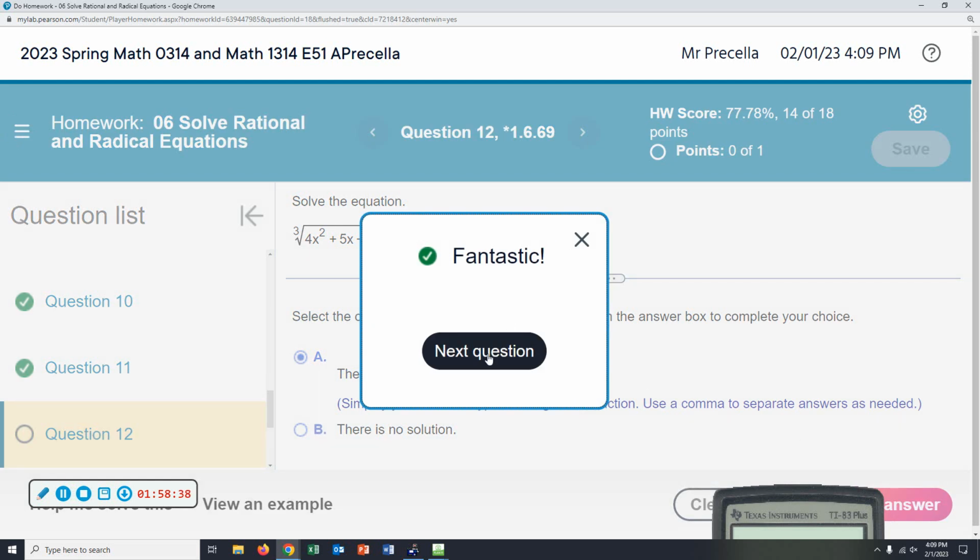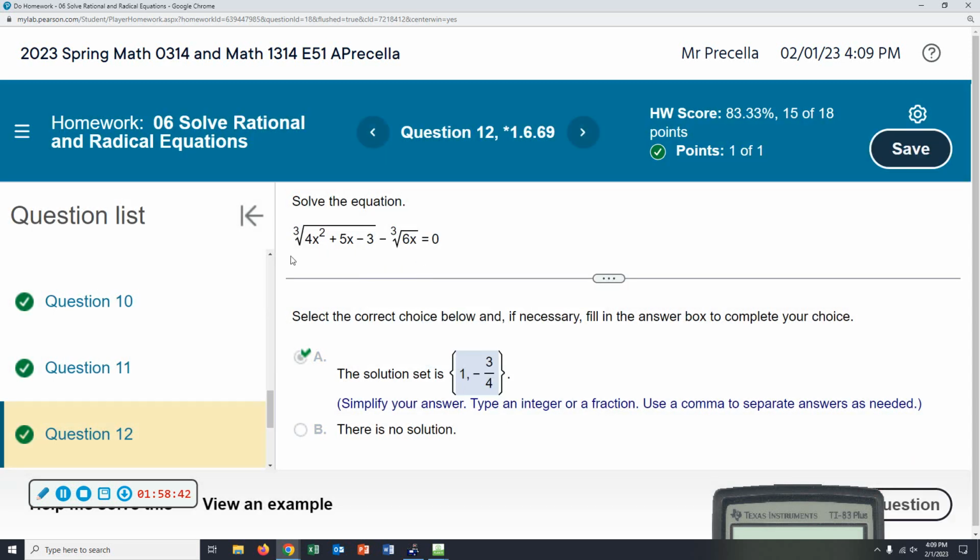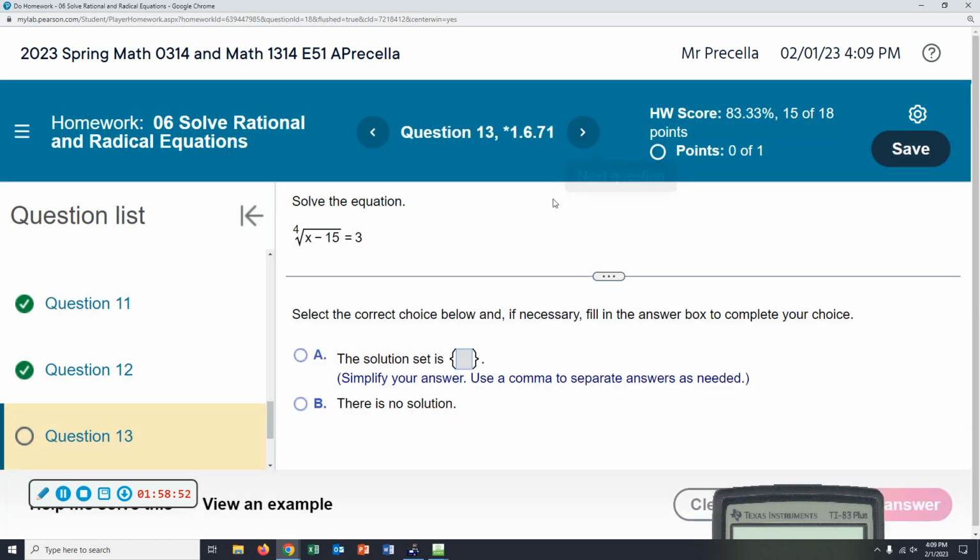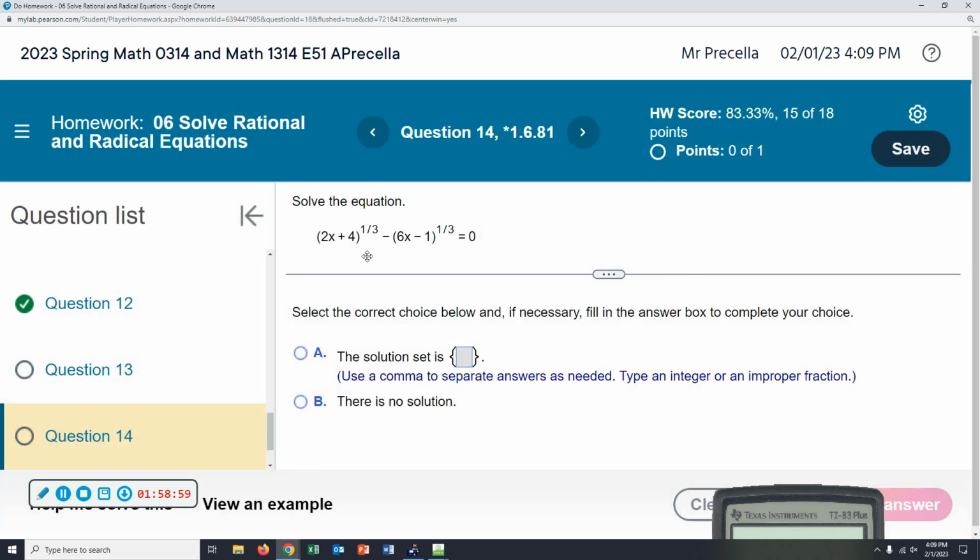Number 13. Okay, remember what number 12 looked like? We know how to do cube root minus cube root. Let's do number 14 before we do number 13.